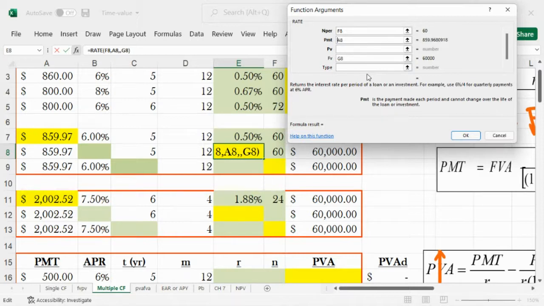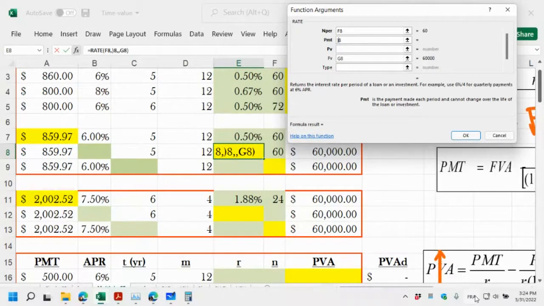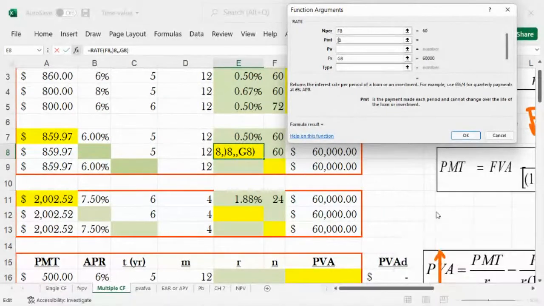You need to put the minus sign. Why is it? What happened here? Why is it in French? This is crazy. So you have to make this negative. Okay.